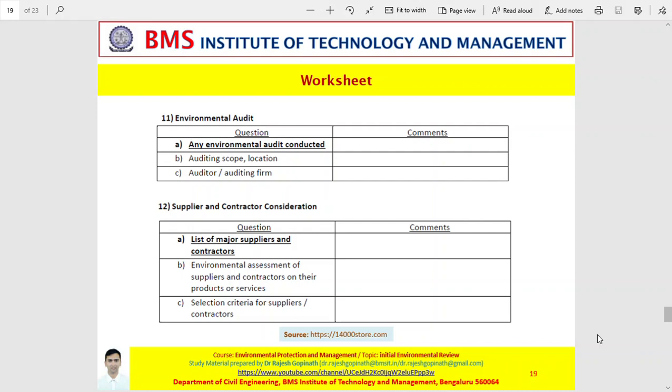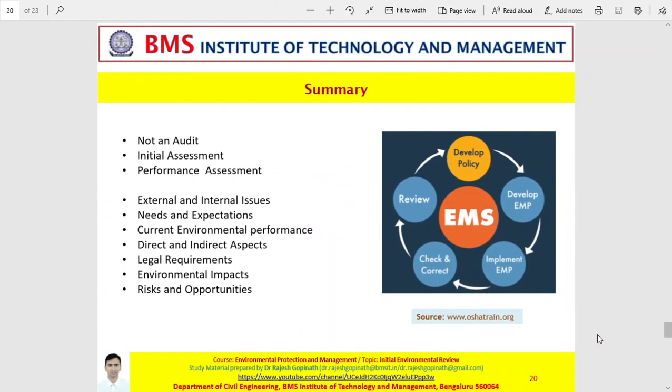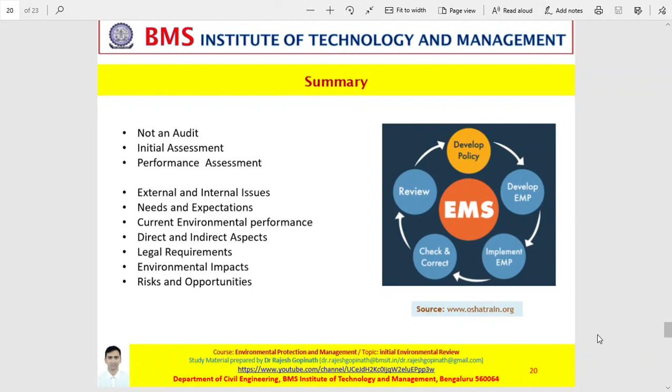Let us now move on to slide 20, which deals with the summary of today's presentation. So by now we have understood that the initial environmental review is not an audit. Rather, it's a very important step, the first step, which helps in creating an environmental management system.